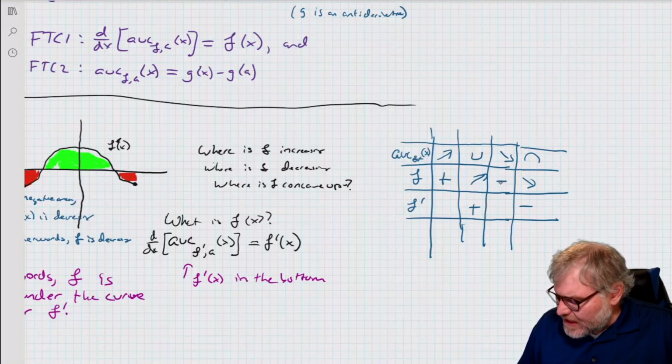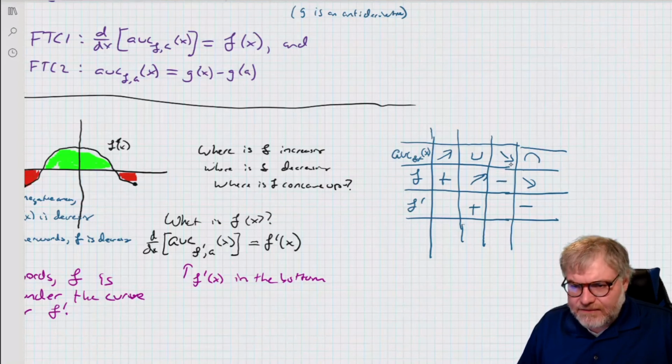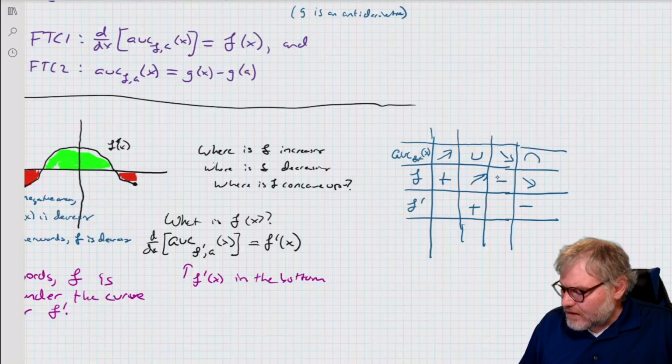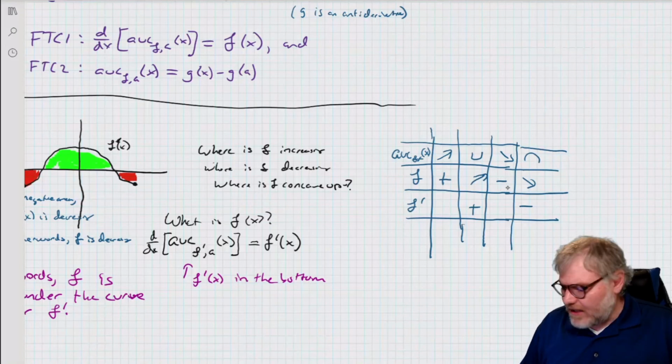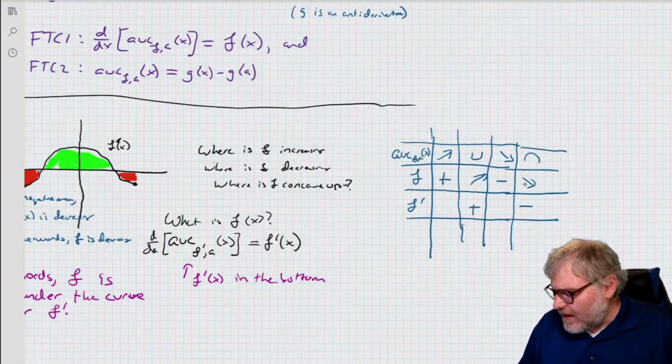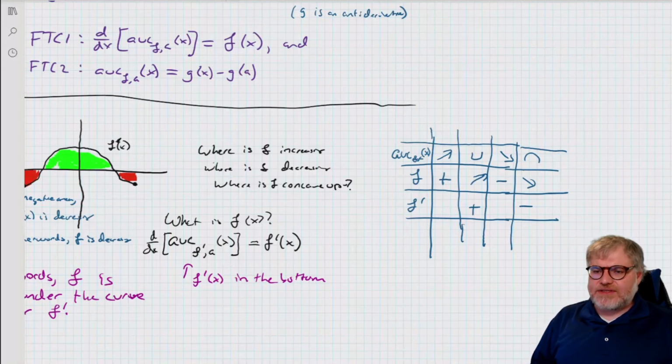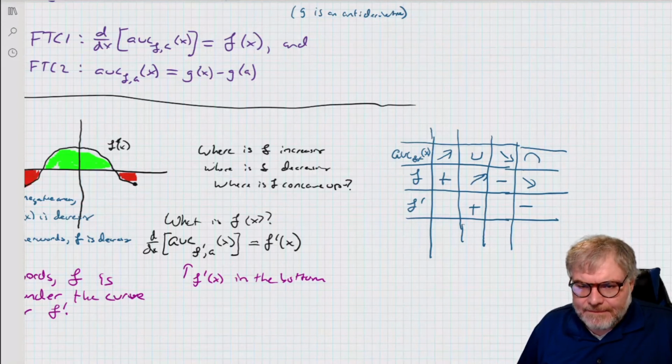When F is negative, AUC is decreasing, because I'm either taking away positive area if I was left, or I'm adding negative area. And if F is decreasing, AUC is concave down. Okay?